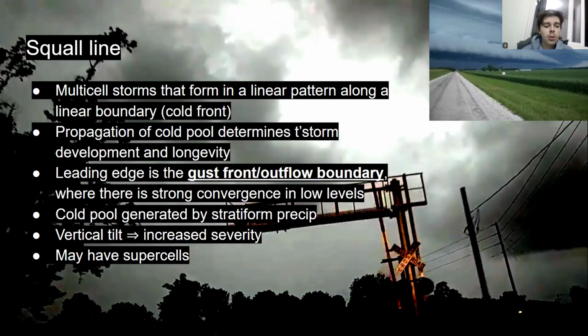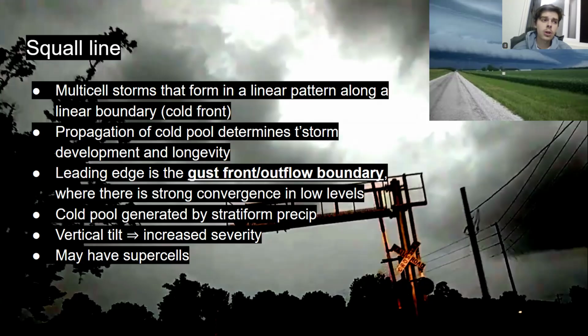A cold pool is generated by stratiform precipitation. The stratiform precipitation of a storm is going to be the lighter, less dramatic precipitation, not the heavier, stronger precipitation. Stratiform is the more light precipitation.